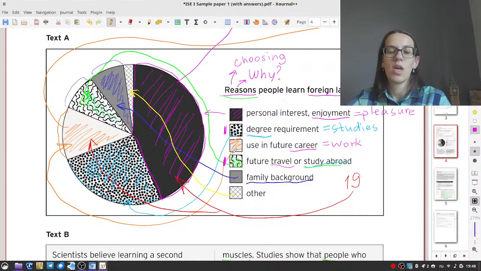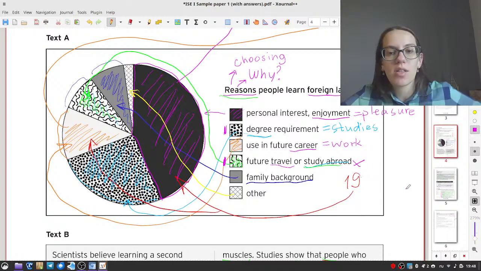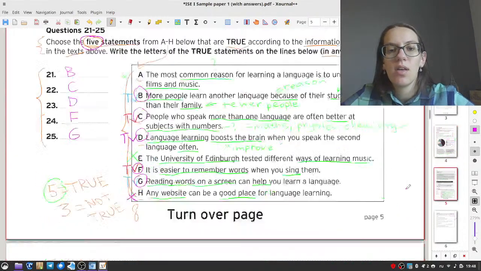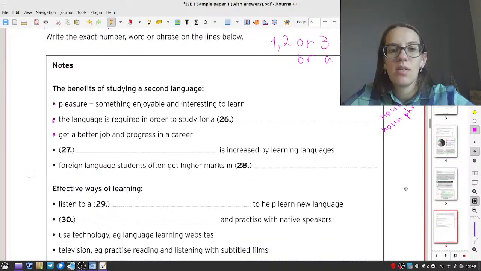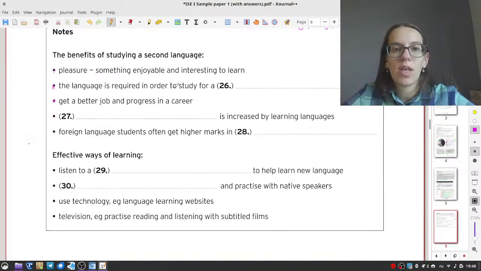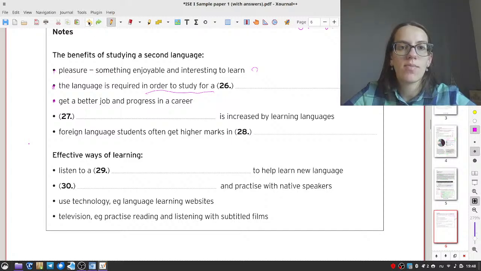Yeah, studying abroad. Well, can we say for a abroad or study abroad? No, that doesn't work. Yeah, the language is required. Let's look again. In order to study for a what? Abroad doesn't work here. So it's not that.